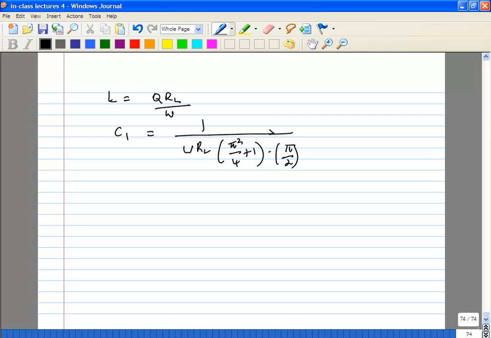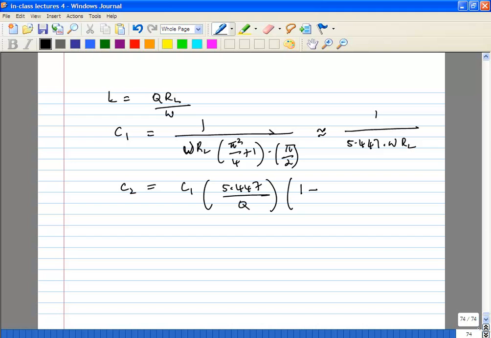This is the expression for C1. They've derived a certain set of design equations.